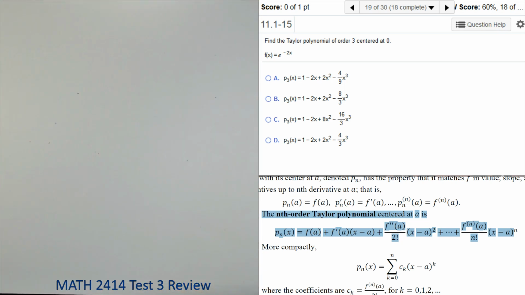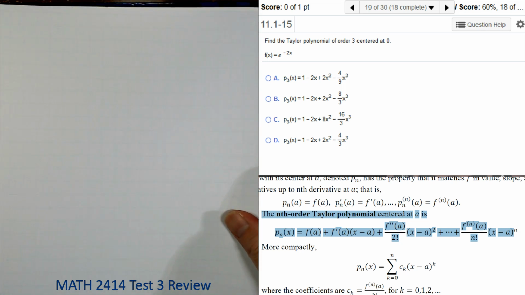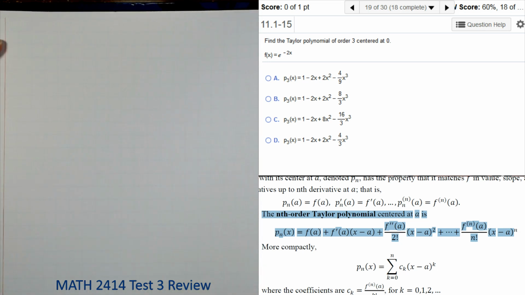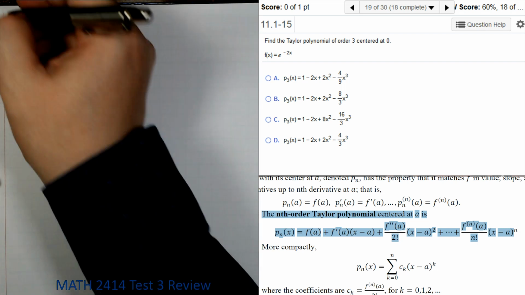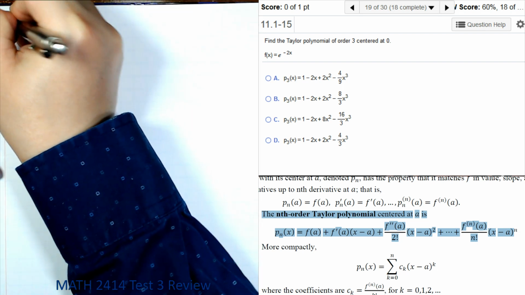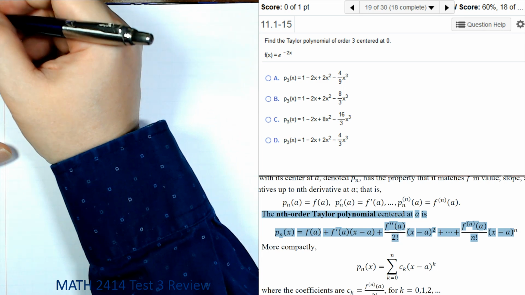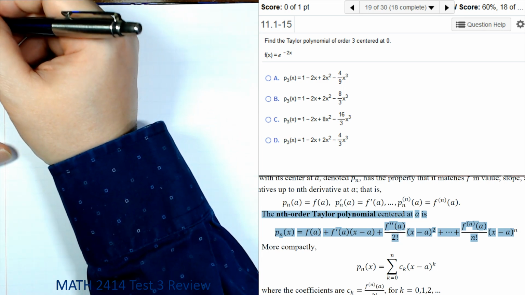Now we're going to use the table. This is number 19. Find the Taylor polynomial order 3, center 0.